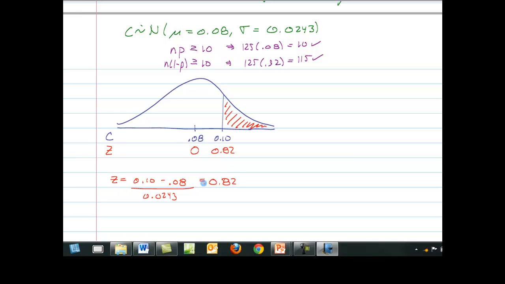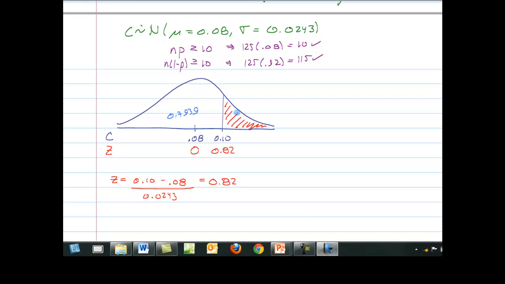Now if you look up 0.82 in your tables, you are going to get this area over here to the left. So we need to make sure we remember to take the complement to find this area on the right. So again, look up 0.82 on your tables and you get 0.7939.